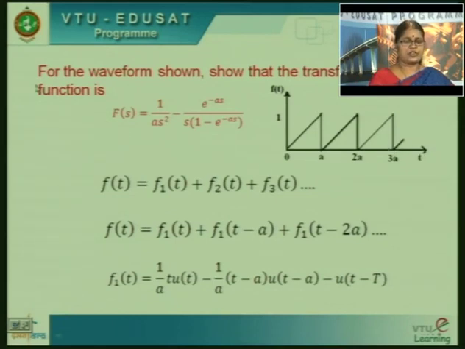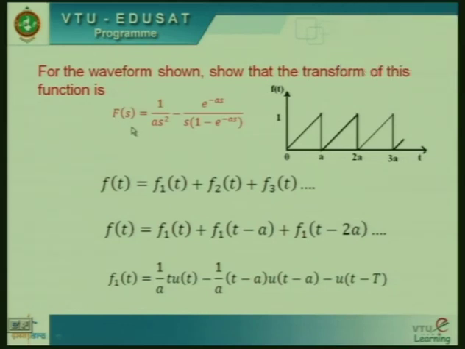So, the problem given here is, for the waveform shown, show that the transform of this function is F of s is equal to 1 by a s square minus e power minus a s divided by s into 1 minus e power minus a s.